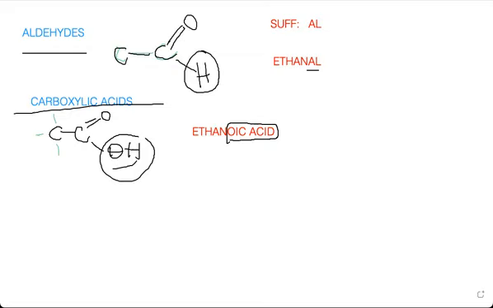So ethanal, butanal, hexanal, pentanal, and for carboxylic acid, ethanoic acid, butanoic acid. Let me tell you one more thing here. We do have some complex structures. Sometimes we would have a carbon chain in which you can see some carboxylic group, you can see some halogen group.